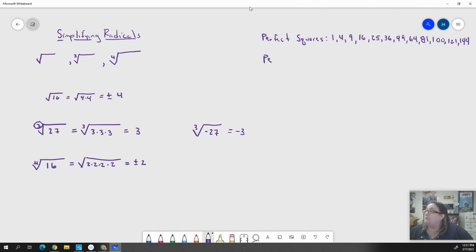Perfect cubes, right? So perfect squares, we're saying 1 times 1, 2 times 2, 3 times 3, 4 times 4, 5 times 5, 6 times 6. Perfect cubes, we're going 1 times 1 times 1, 2 times 2 times 2, 3 times 3 times 3, 4 times 4 times 4.